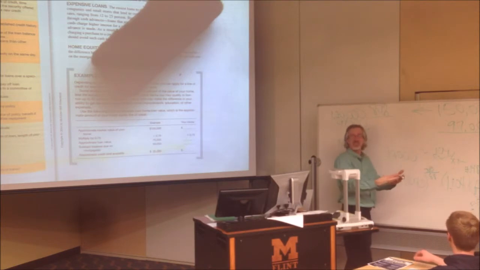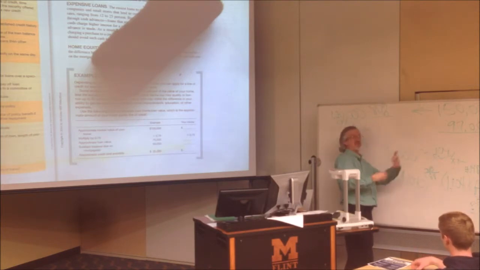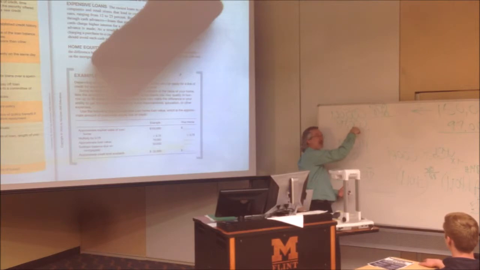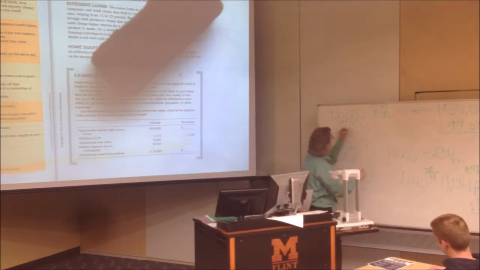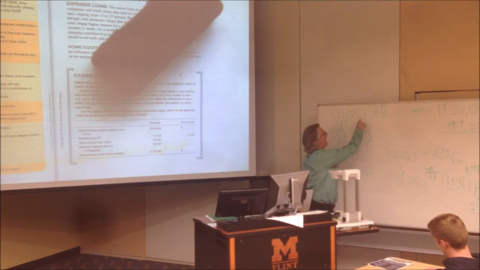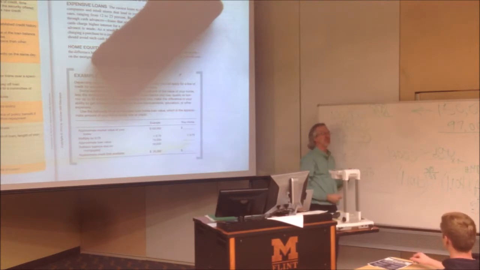The question may say you're going after a 75%, a 70%, or an 80 or an 85%. 80%, you find out what 80% of that value is. Now you subtract what is still owed on the loan. The difference, which is obviously $23,000, is the most the credit union will lend you, because when you add them, that takes you to the 80%.